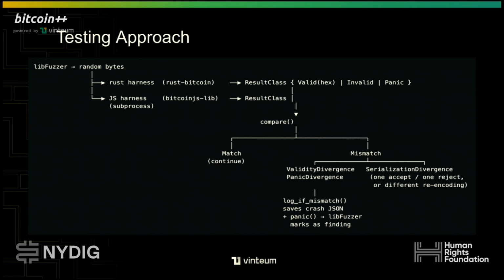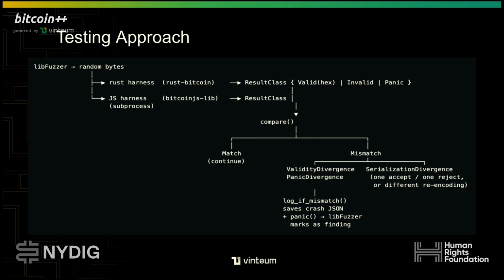For the test approach, as I said, I used libfuzzer to apply randomness to the inputs, and then I created a wrapper in JavaScript for the library BitcoinJS lib, and extracted with this wrapper the functions that I would like to compare with the ones that implement the same abstraction in Rust Bitcoin.